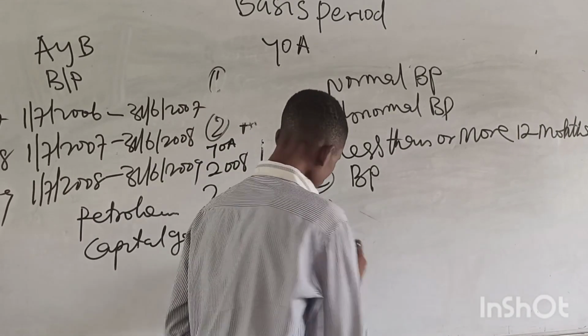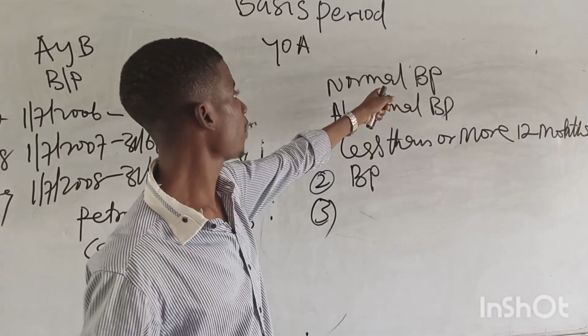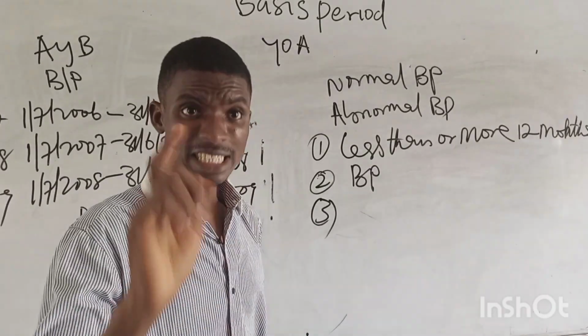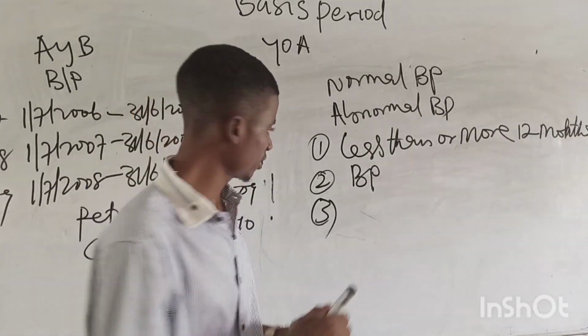Number 3 feature under normal basis period is that the business must have one permanent year end.